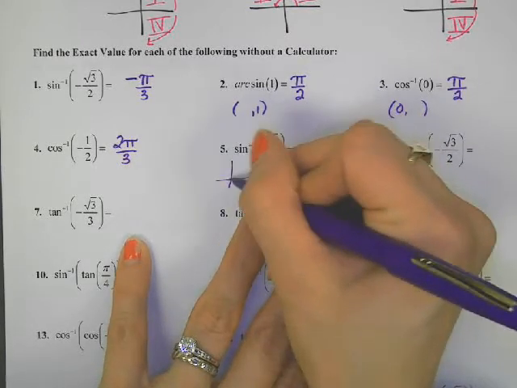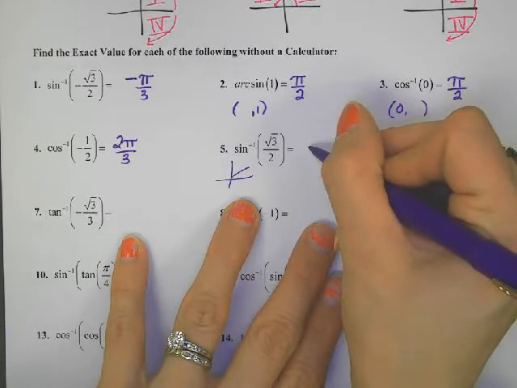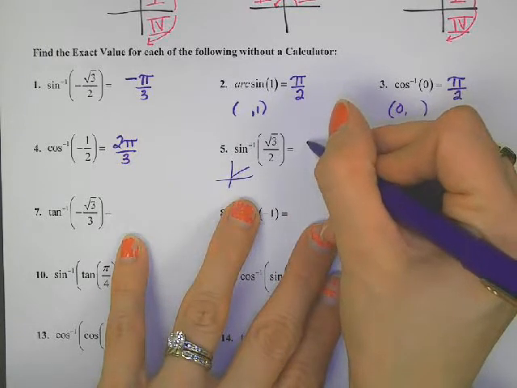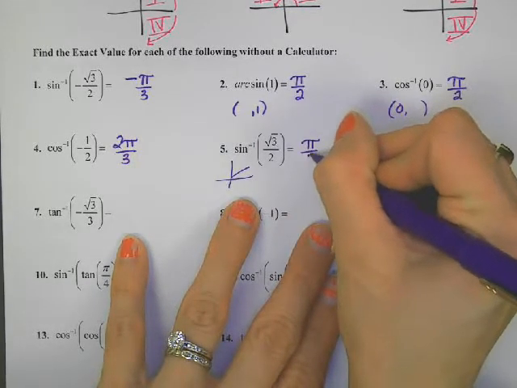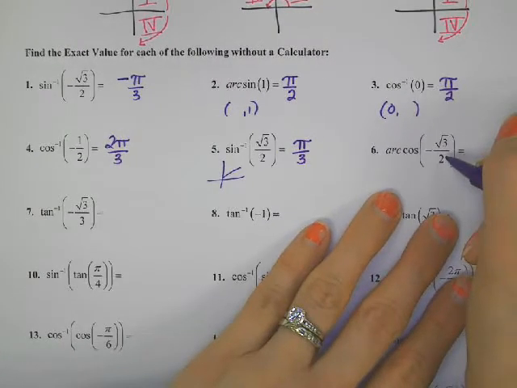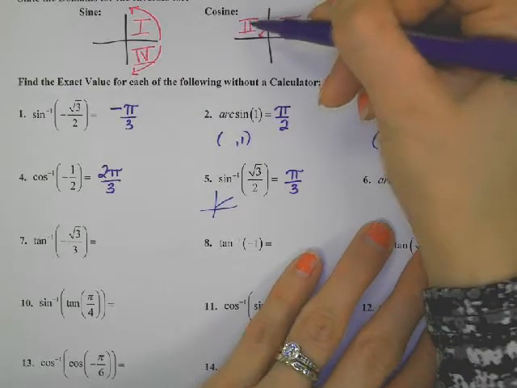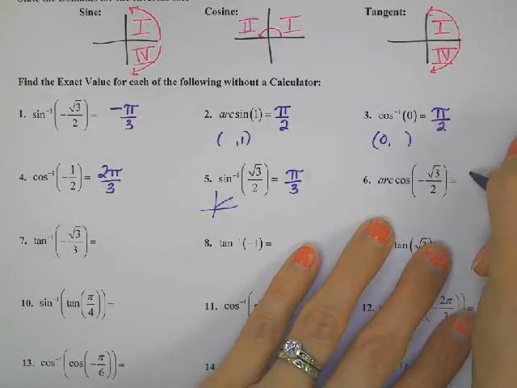In quadrant 1, the second number, where am I? Pi over 3. Cosine inverse. Since it's negative, put your brain in quadrant 2. What angle am I thinking of? 5 pi over 6.